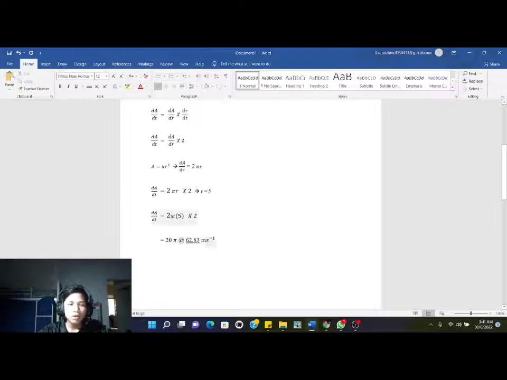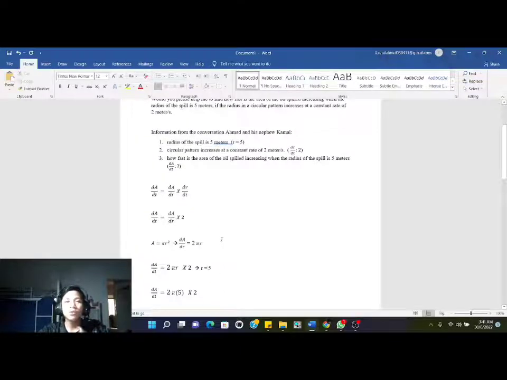So we get 2 pi times 5 times 2. We get the answer here, 20 pi, or 62.83 meters squared per second. So that's all for me. Assalamualaikum warahmatullahi wabarakatuh. Thank you.